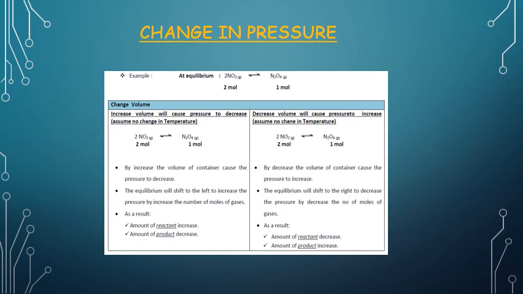So if the pressure decreases inside the container, the equilibrium will try to increase the pressure back. How do we increase the pressure back? Go towards the higher number of moles. As a result, the amount of NO2 increases and the amount of N2O4 decreases.